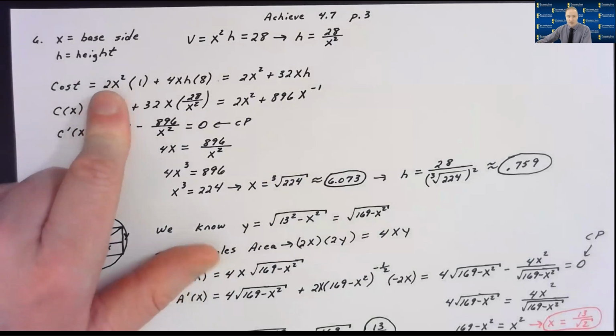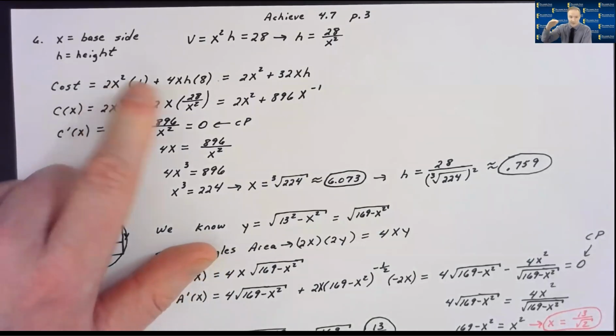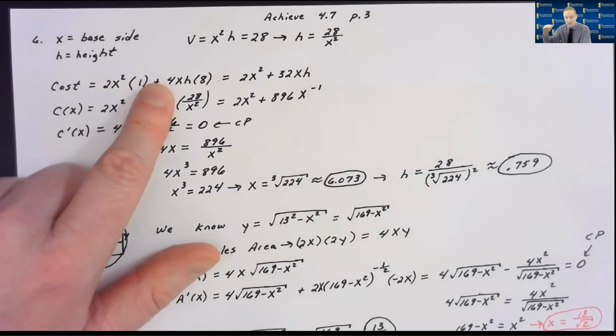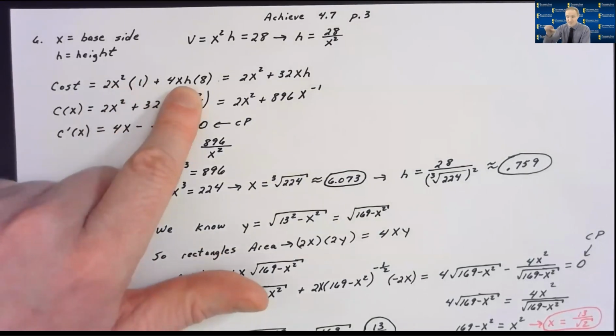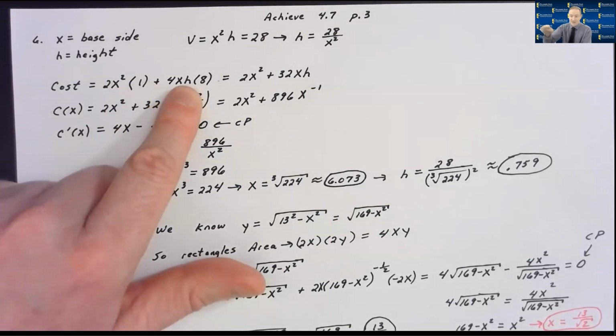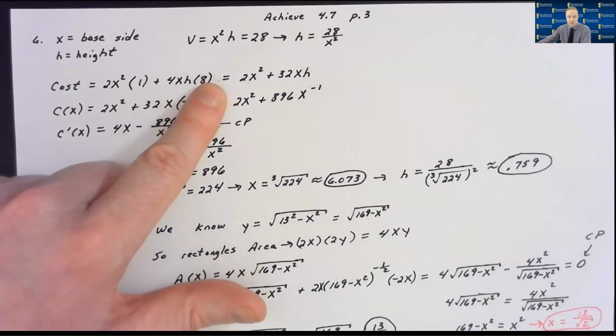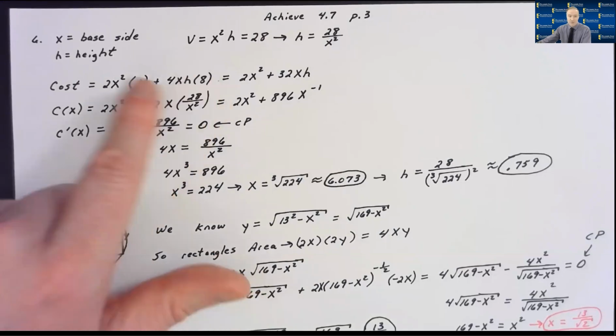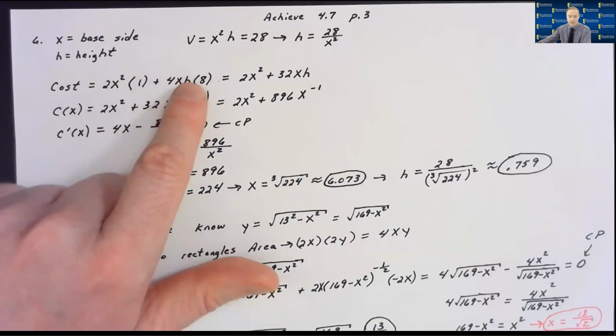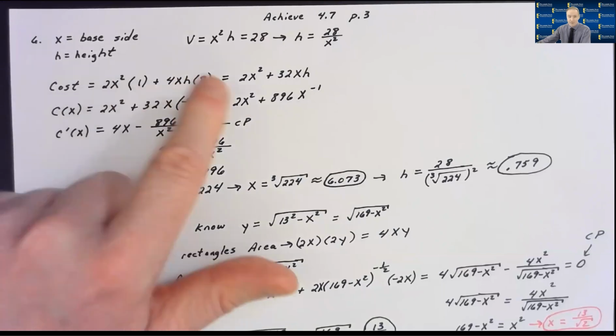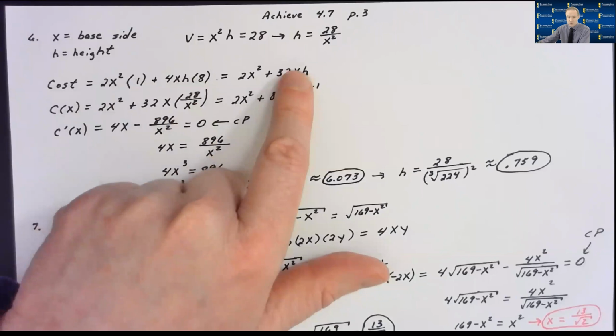So I said 2x squared, that's the sum of the area of the base and top, times its cost, plus the sum of the area of all four sides with dimensions xh. So you have a total area of 4xh for the sides times the cost per square centimeter, well, $8. So now I'm just simplifying this cost function. It's going to be 2x squared plus 32xh.